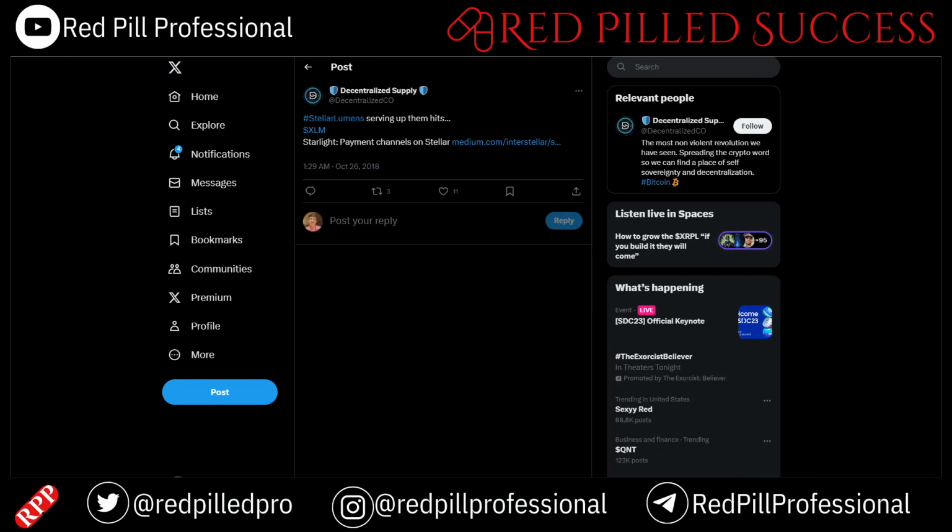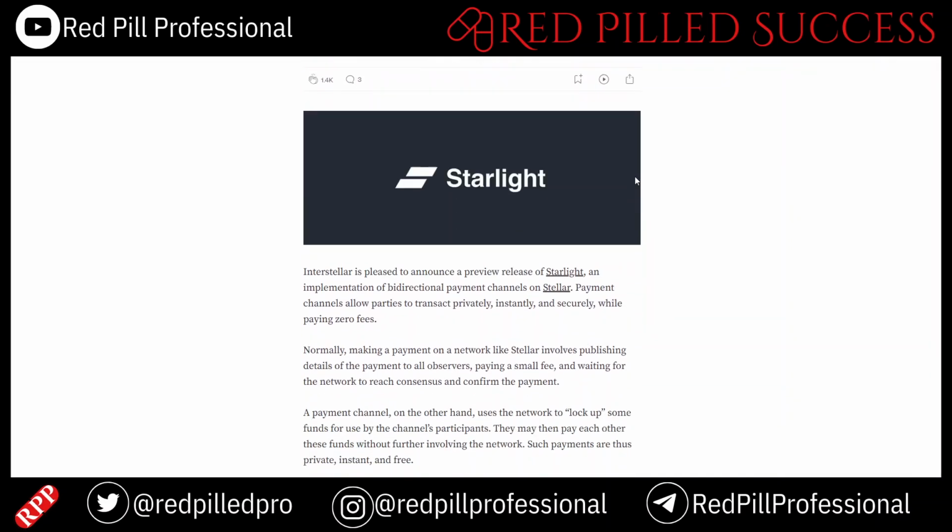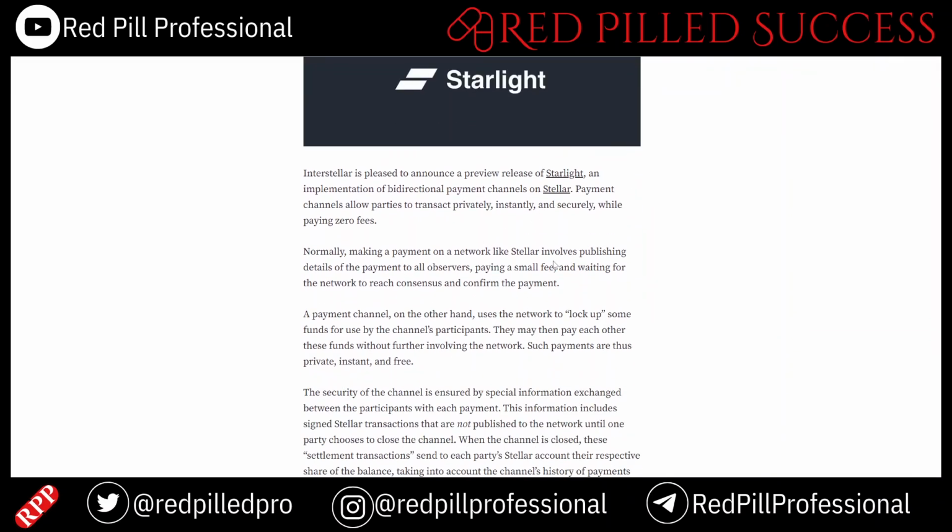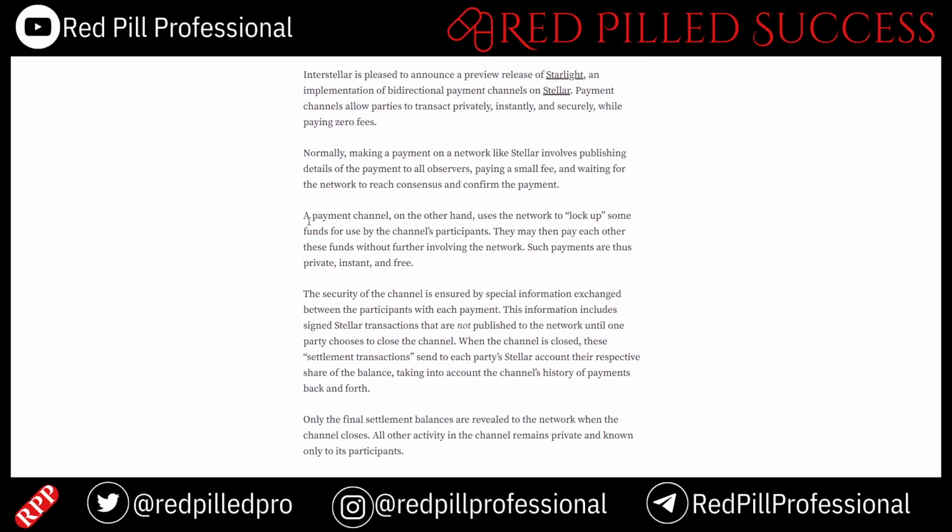So here is another article on Light. Essentially, a payment channel uses the network itself to lock up some funds for use by the channel's participants. They may then pay each other these funds without further involving the network itself. Such payments are thus private, instant, and free.